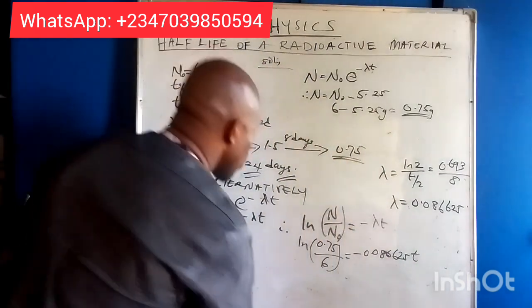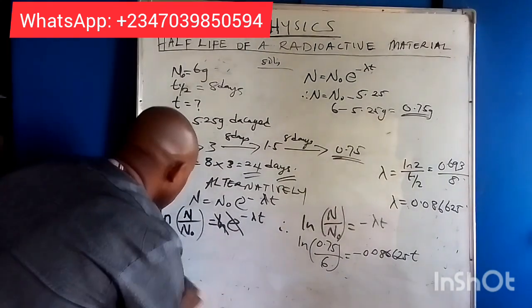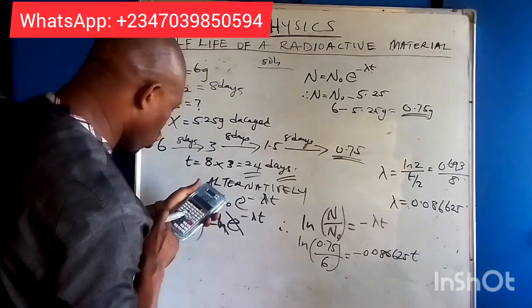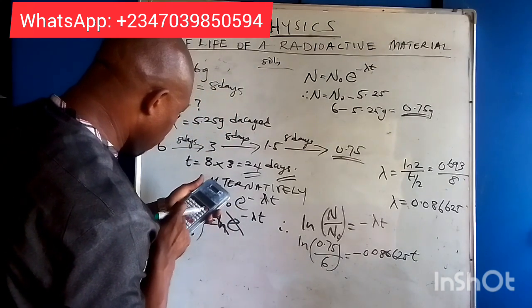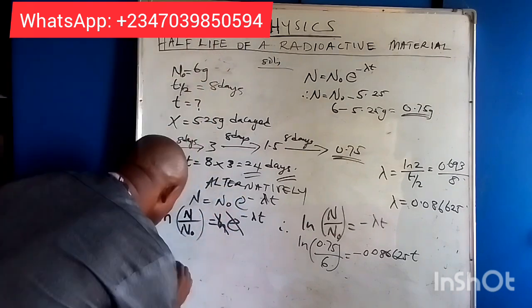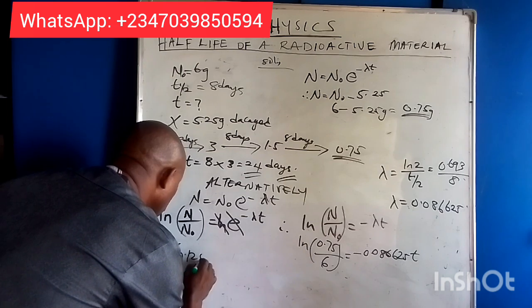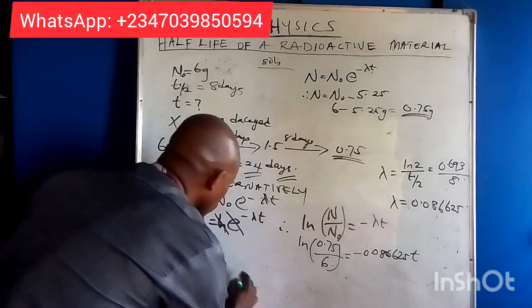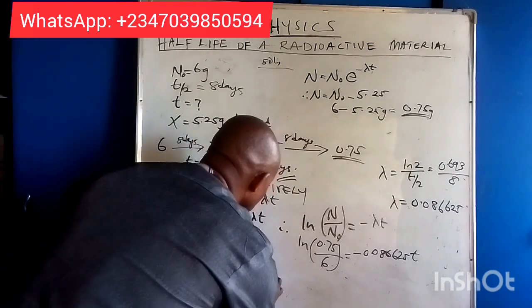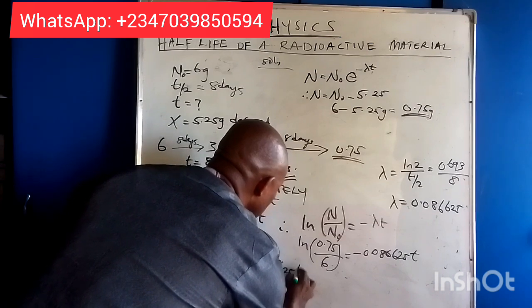Now, we'll come back here and say natural logarithm of 0.75 divided by 6 will give us natural logarithm of 0.125 is equal to minus 0.086625t.